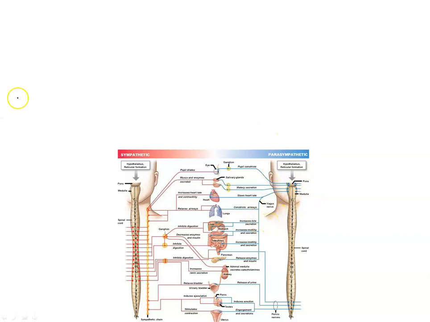I'm going to start off with the sympathetic nervous system. I'm putting this picture here as a guide so that we can travel down this list and stay organized. I understand this picture is micro mini, but you have the bigger version on your previous page. So this is going to be the sympathetic nervous system.